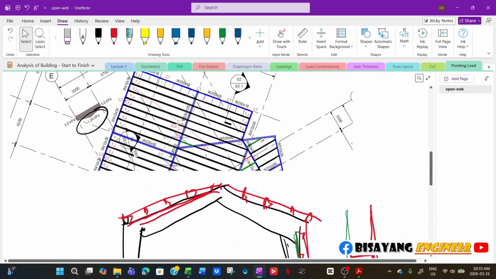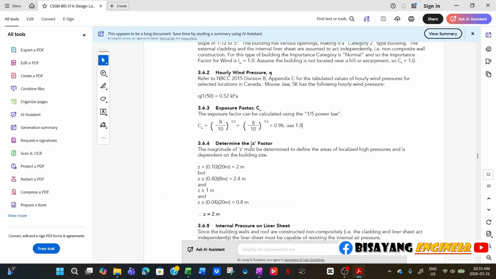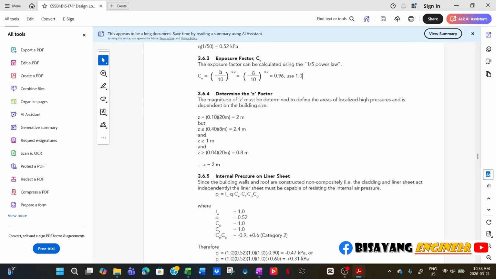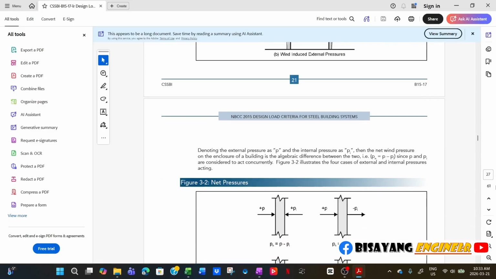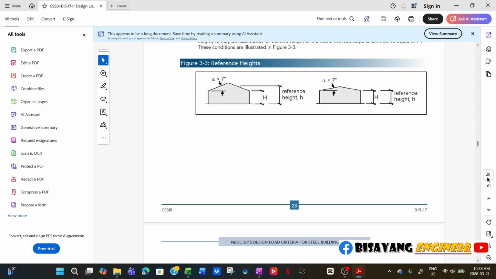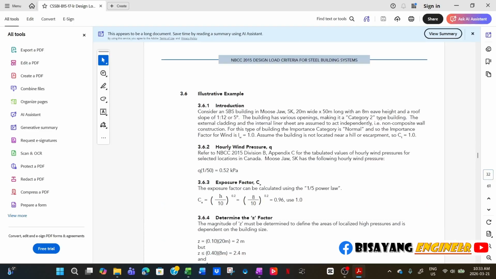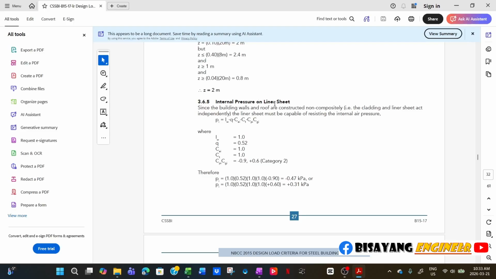Anyway, so we already have the internal pressure on the liner sheet.